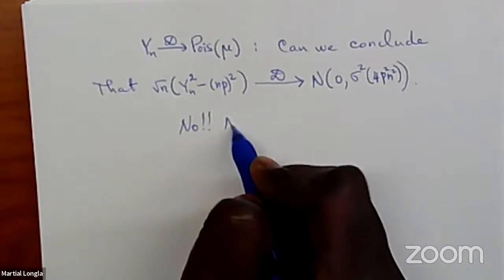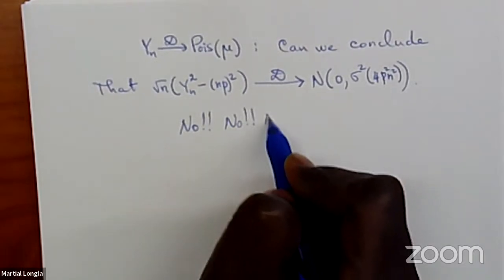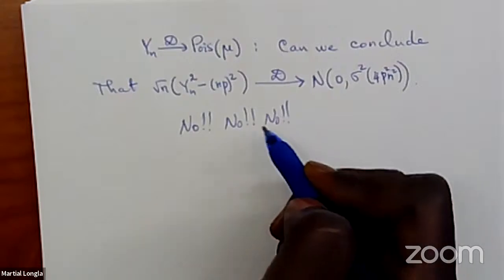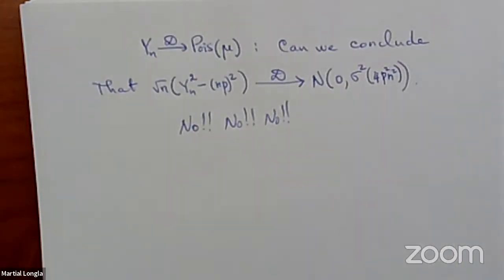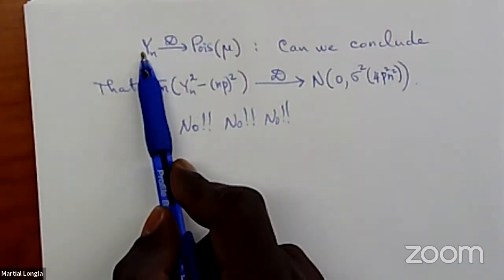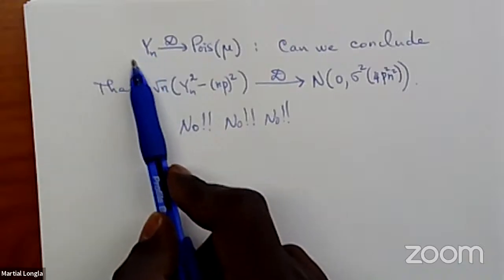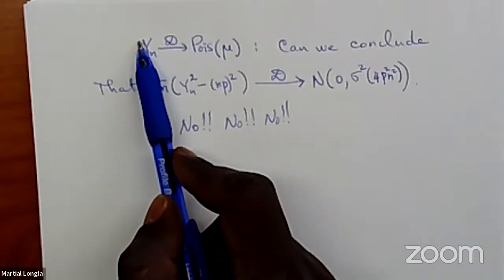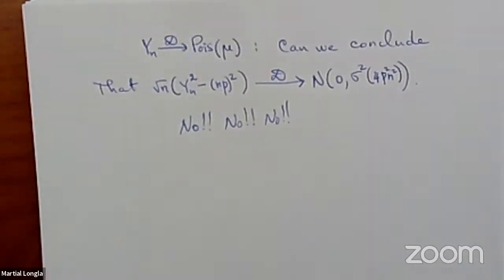No, no, no. You need to be very careful when you're reading the theorems, because that rule, first of all, applies if from the beginning you had square root of n times (Yn minus mu).